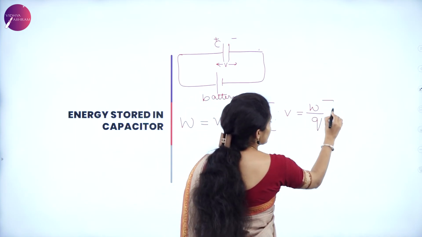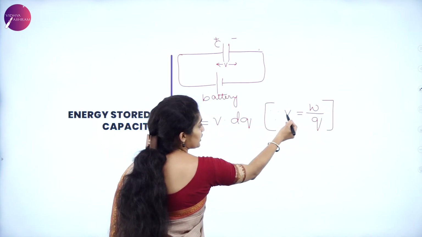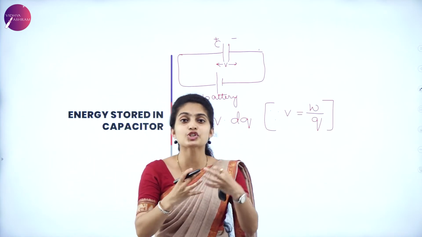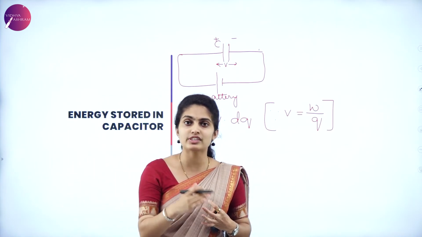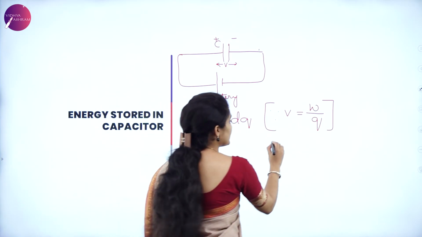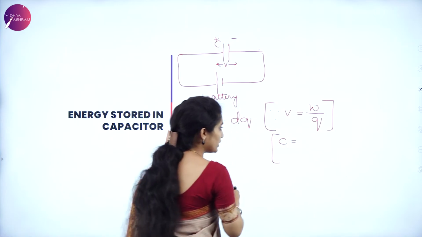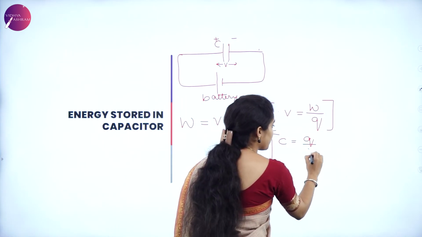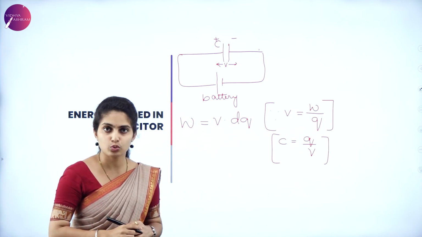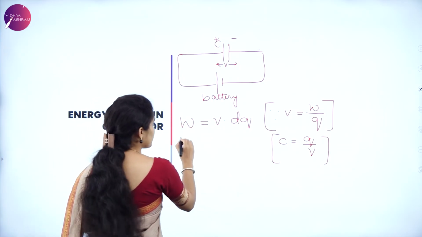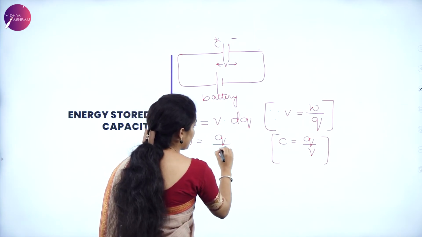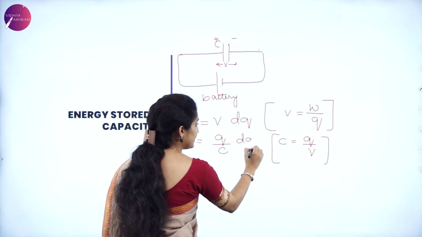So W is equal to V into Q. Since there is change in charge, that means it is getting charged, we replace Q by dQ. We also know that C is equal to Q divided by V, so V is equal to Q divided by C. So W is equal to Q divided by C into dQ.